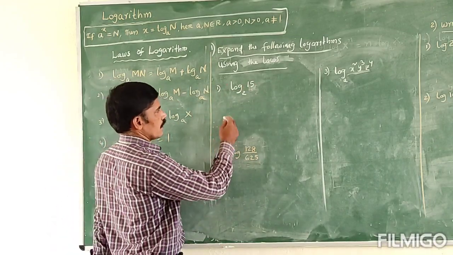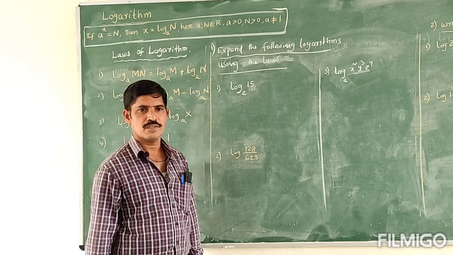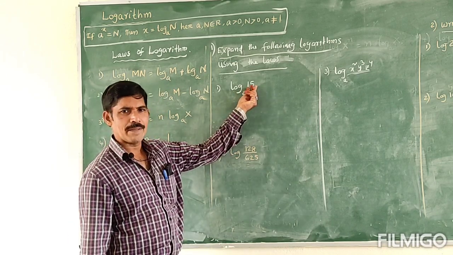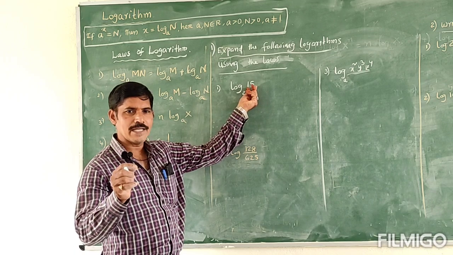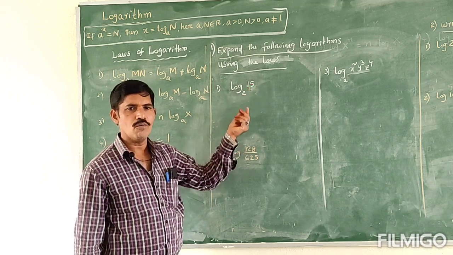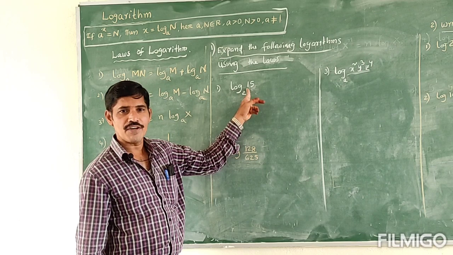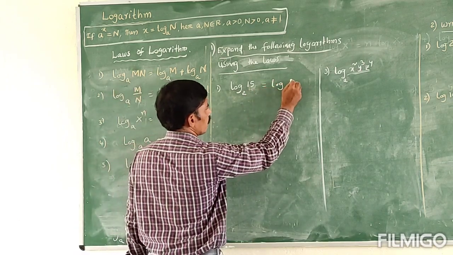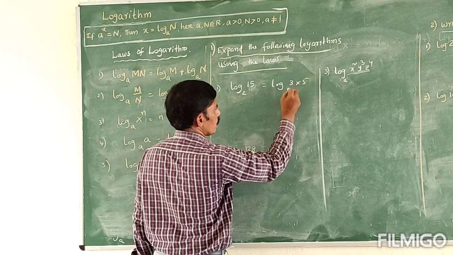First one given, logarithm of 15 to the base 2. You know, 15 is not a prime number. 15 can be written as a product of primes. How? 15 you can write as 3 into 5. You can write logarithm of 15 as logarithm of 3 into 5 to the base 2.